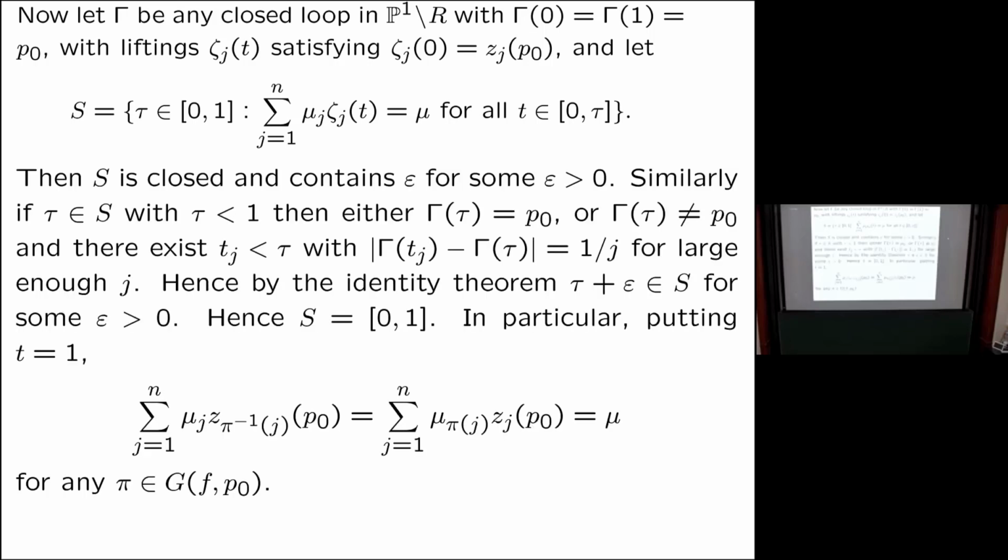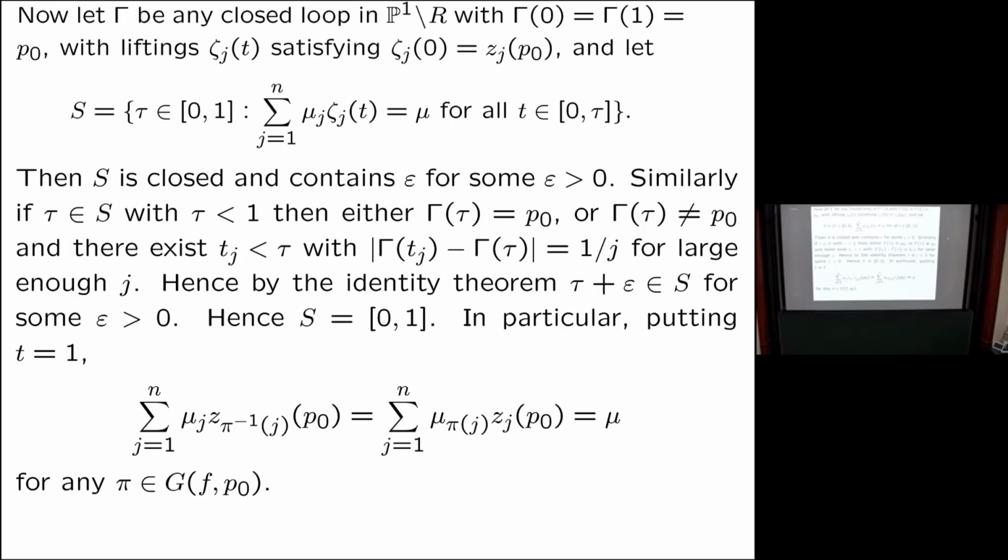S is fairly clearly closed, and by the argument I just showed, it certainly contains some positive epsilon. Now, if you take a tau in S which is strictly less than 1, then either gamma(tau) is P0, in which case the previous argument shows you can go a little bit further and keep this linear combination equal to mu.